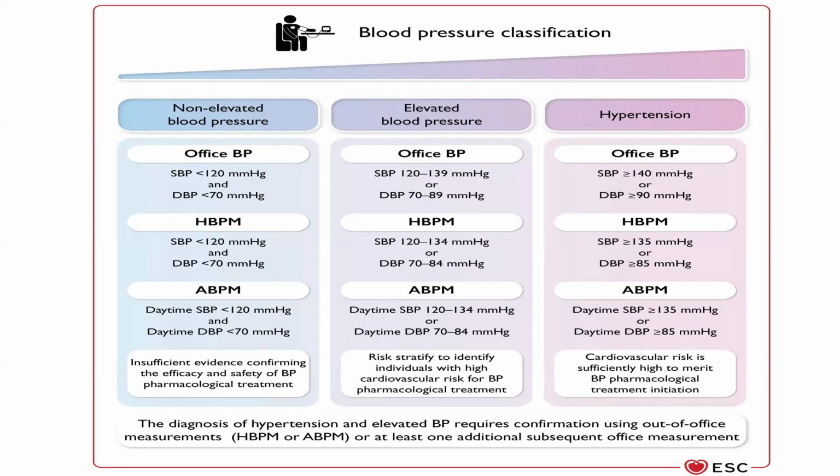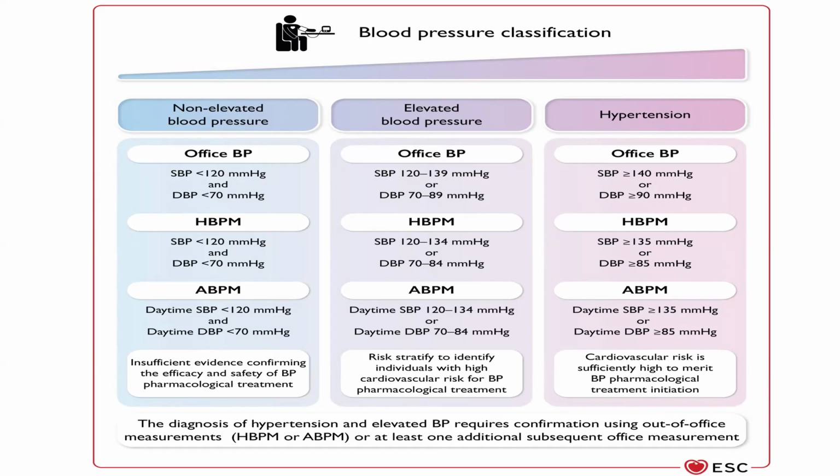You observe that the values for ambulatory blood pressure monitoring for diagnosing elevated blood pressure and hypertension are less when compared to office blood pressure, because the alertness, the sympathetic arousal in the presence of a health worker is removed and the white coat effect is removed.